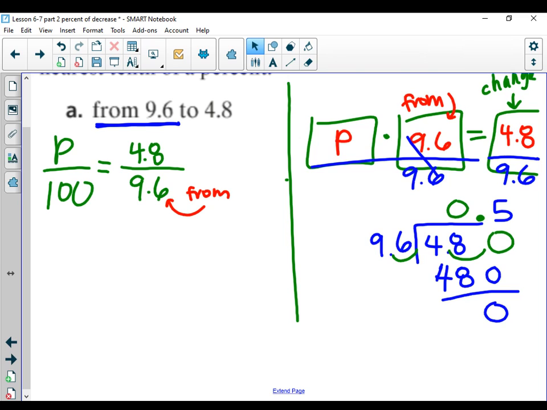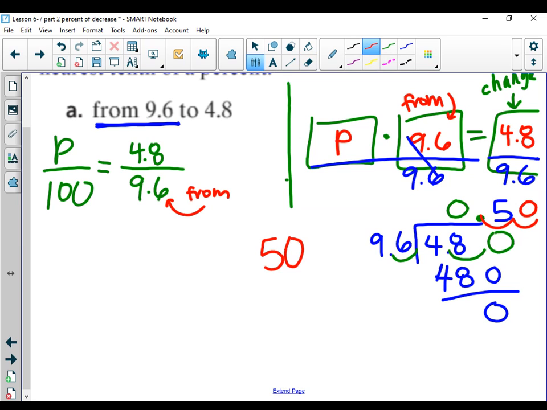Remember equation, people, you still have to go right twice. Proportion, people, you might have realized that when I took 9.6 minus 4.8, I got 4.8, which is exactly half, or 50%.